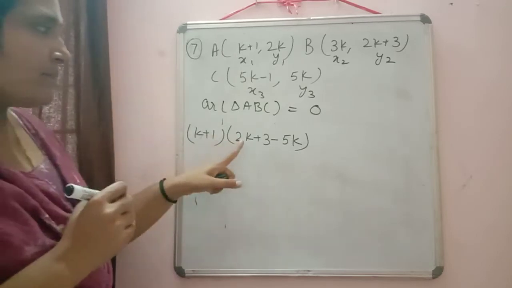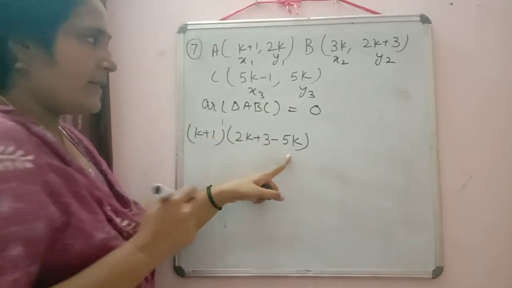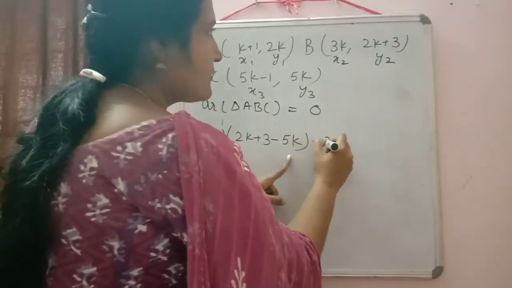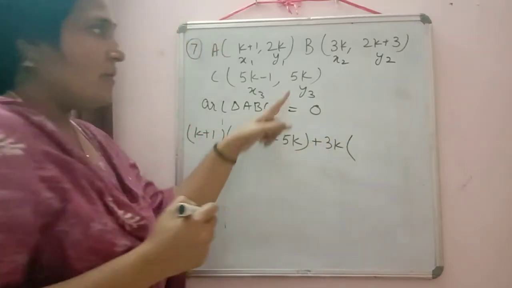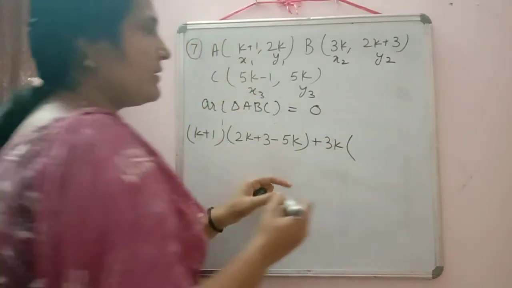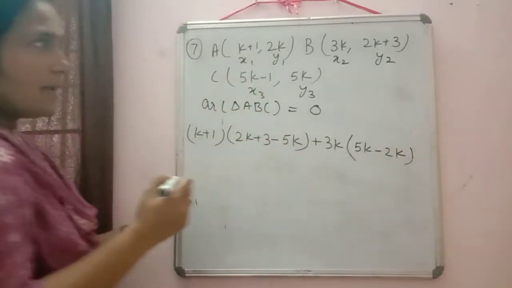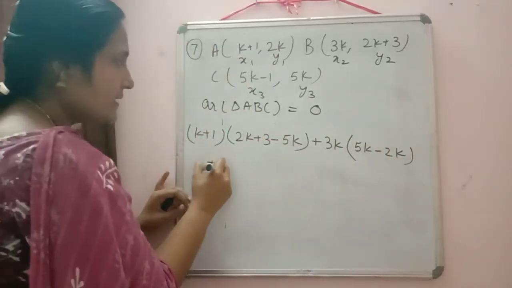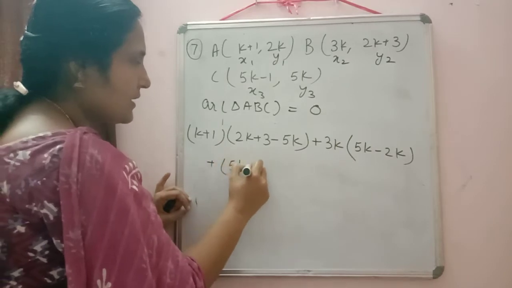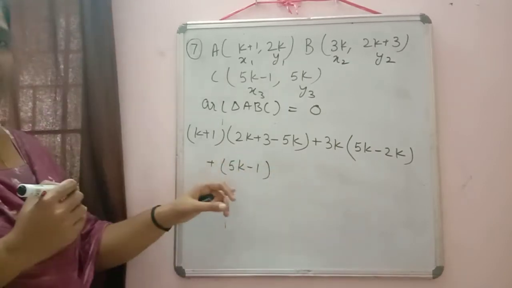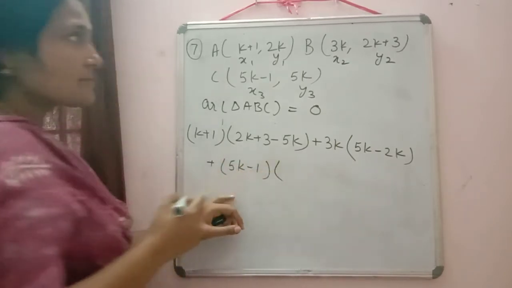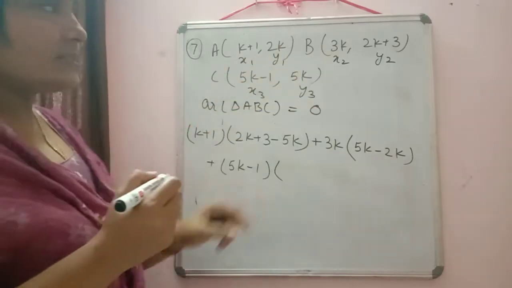Plus x2 into y3 minus y1, so 3K into 5K minus 2K. Plus x3. Again 2 terms are there, so I am putting the bracket: 5K minus 1 into y1 minus y2.